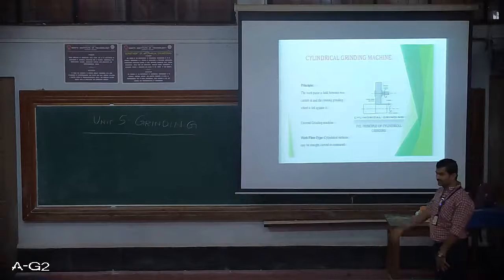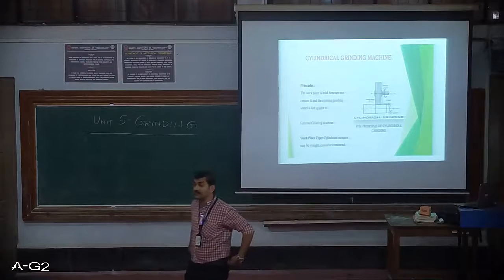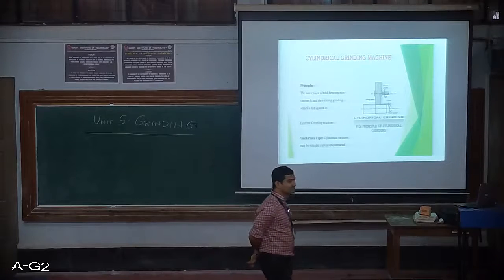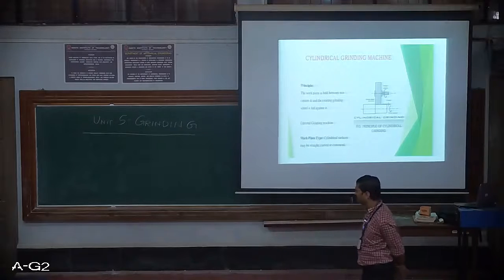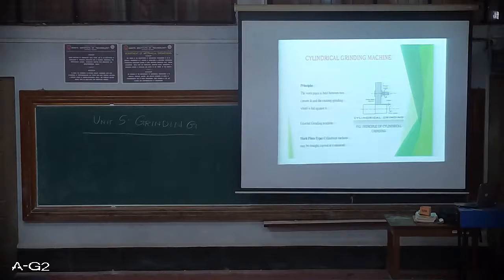Next, the part you are supposed to understand is the cylindrical grinding machine. Yesterday you saw surface grinding as well as centerless grinding. So the third part is the cylindrical grinding machine. Now what is the cylindrical grinding machine? Again, the principle of operation goes like this.